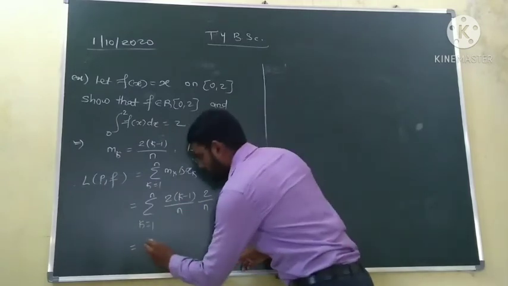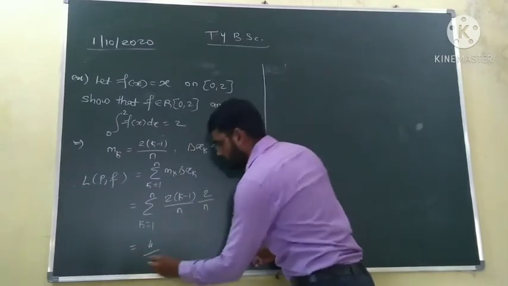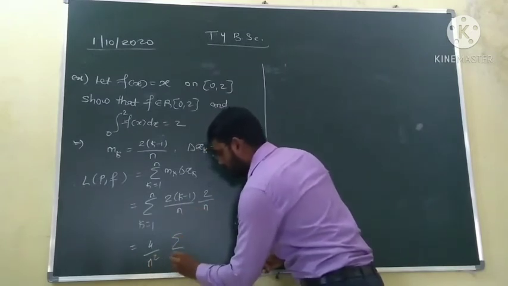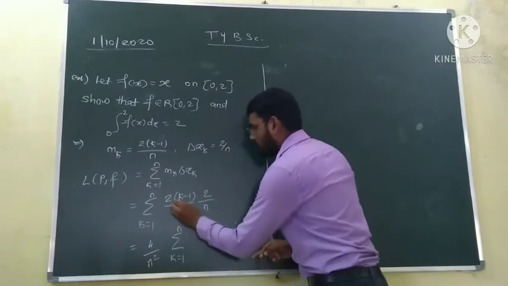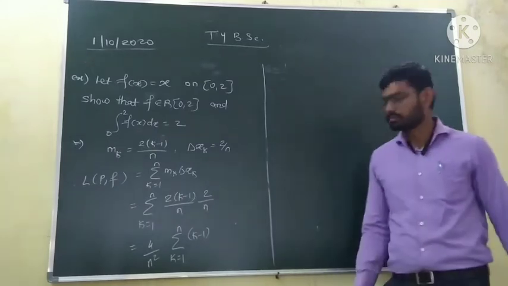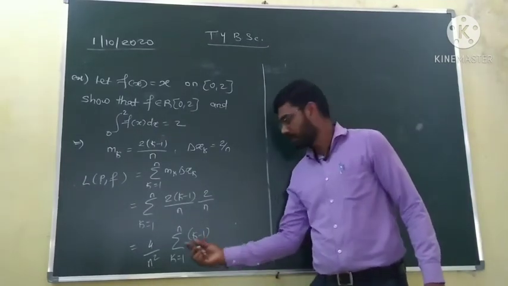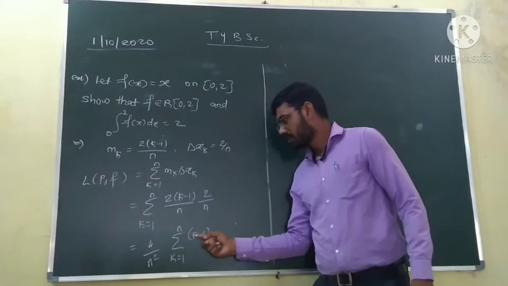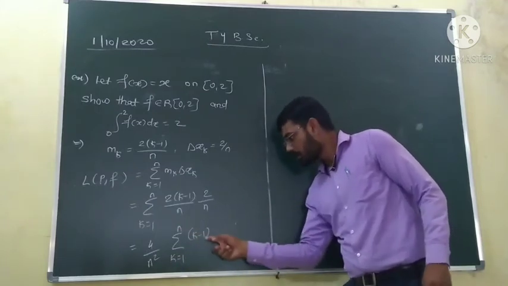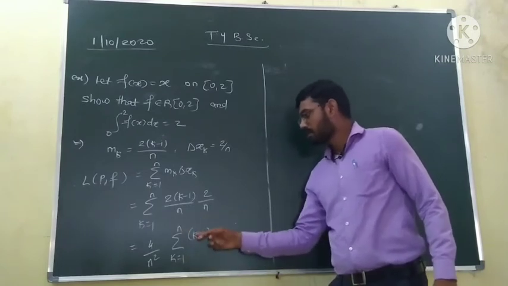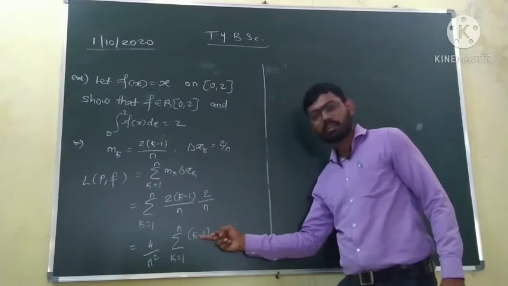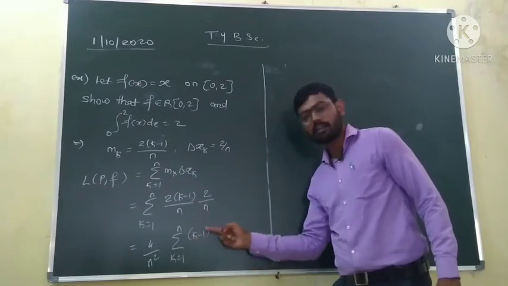This is equal to 4 upon n square, and the summation varies from 1 to n over k minus 1. So we can distribute this summation: summation over k from 1 to n, minus the sum of 1 from 1 to n, that is the sum of 1 taken n times.